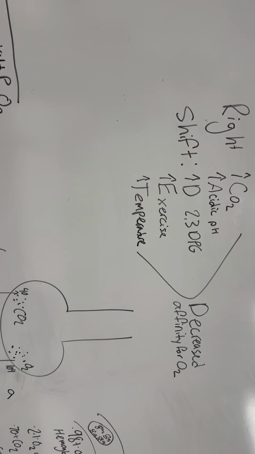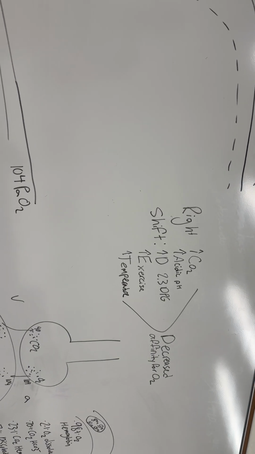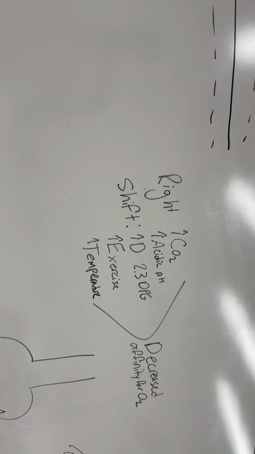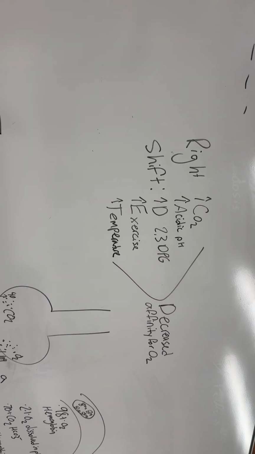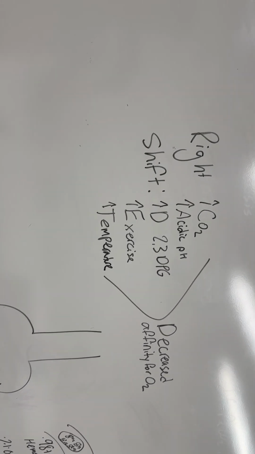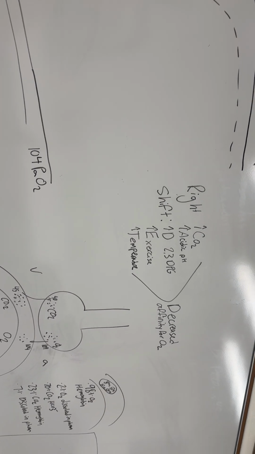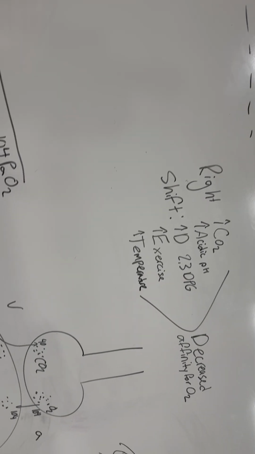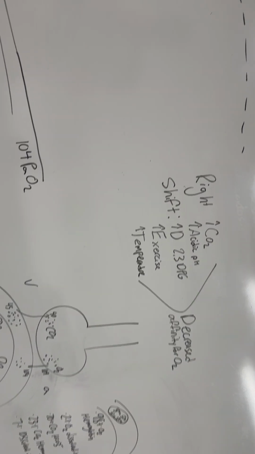Some things that can do that are an increased CO2, which is going to cause an increase in hemoglobin turning into the T state, which is going to release oxygen. You can have an acidic pH, which is also going to cause the T state, which releases oxygen. And then you have 2,3-DPG, which also induces the T state.